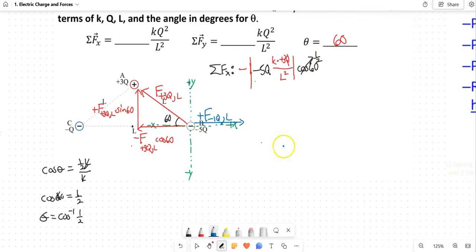Okay. Now we have the positive equation right here, which is going to be our negative 5Q again, and that's going to be K times a negative 1Q all over L squared away.